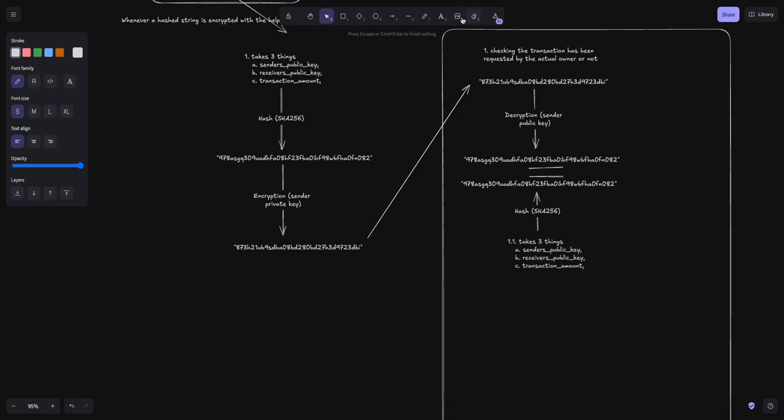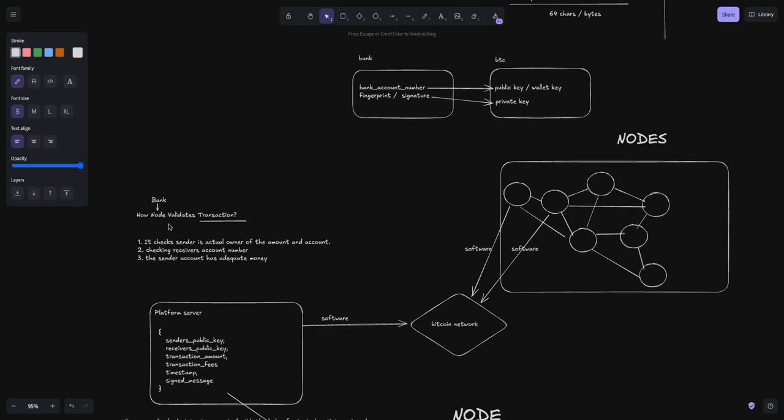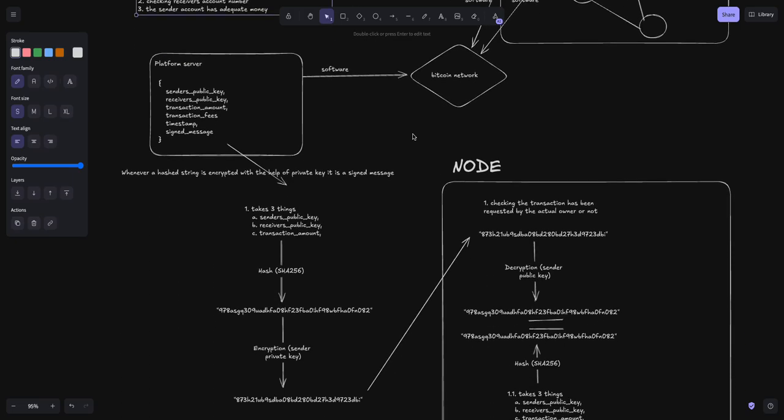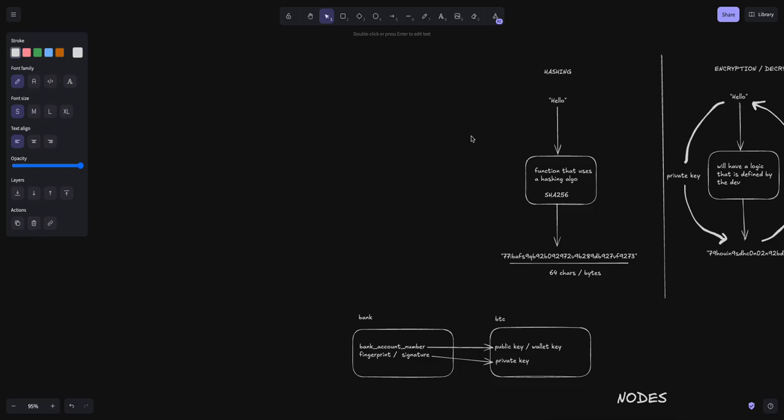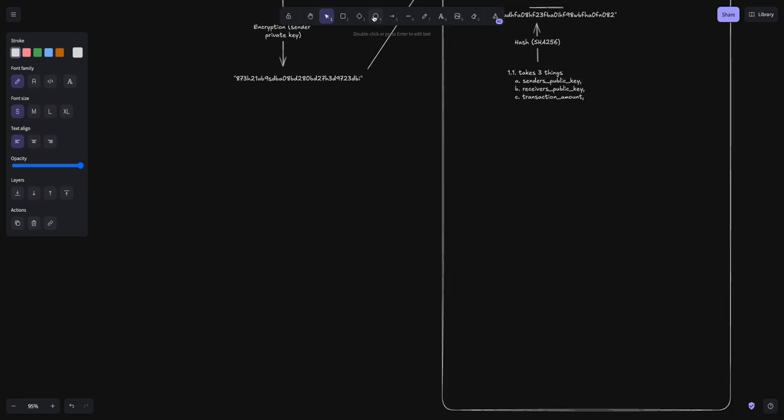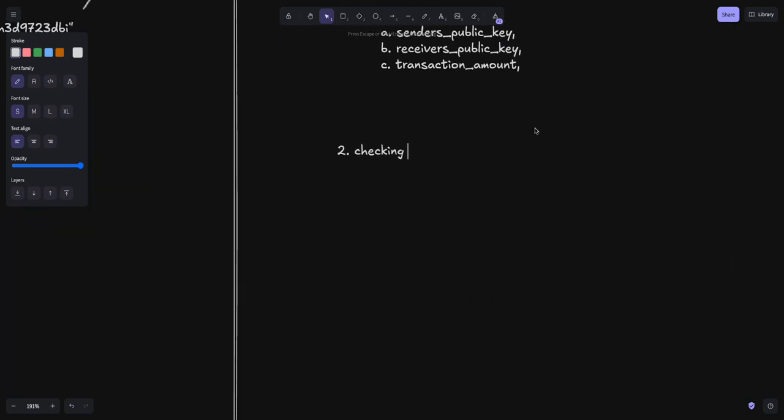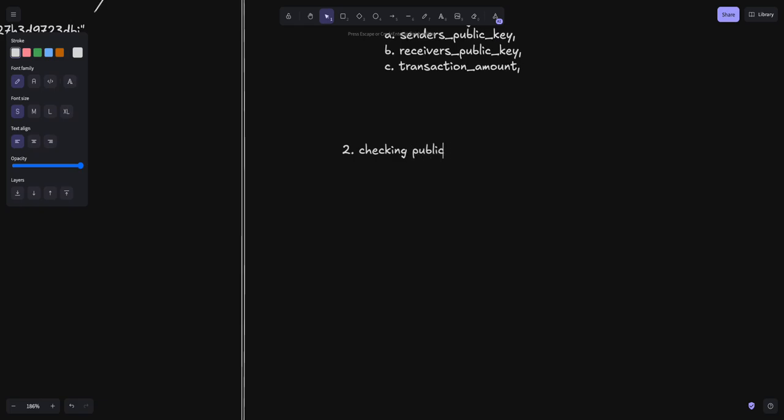Now what will happen? The second step: the owner is right. Now they will check the receiver's account number, where the account number is equal to the public key. So how do they do that? It is very simple. We will say checking the receiver and sender public key, or what you call the wallet key.